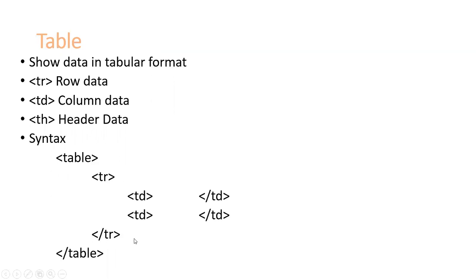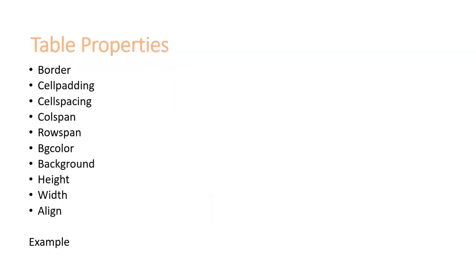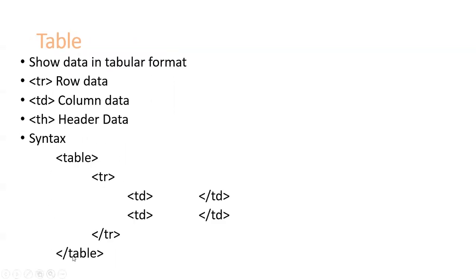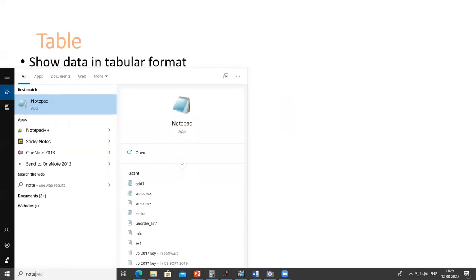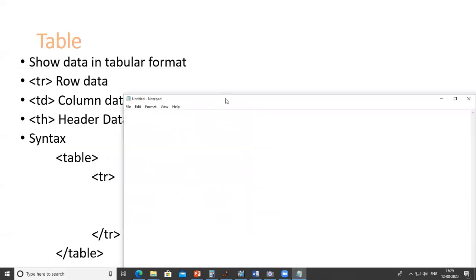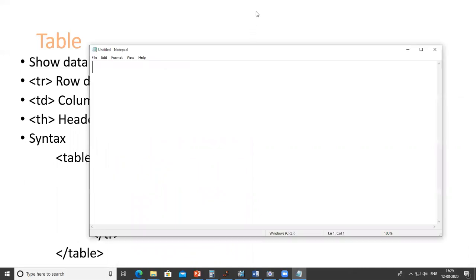Let's see a simple example to create a table in HTML. For that, we open a notepad. Let me share the screen. Okay, so here is the notepad. I write HTML as the root tag, and after that I write the head tag.